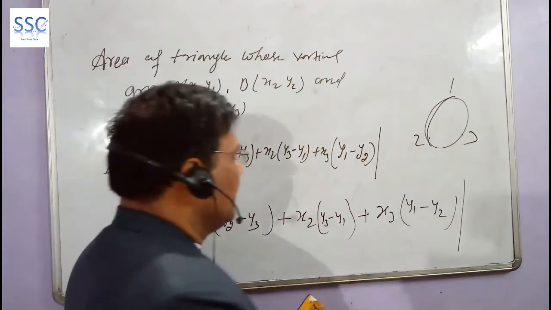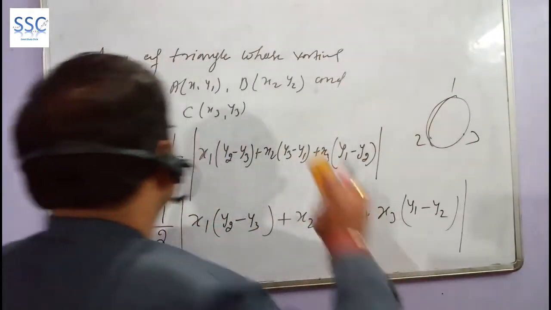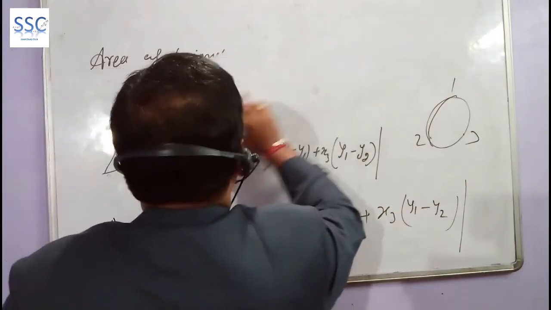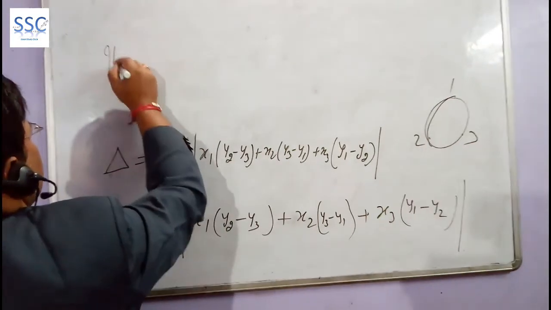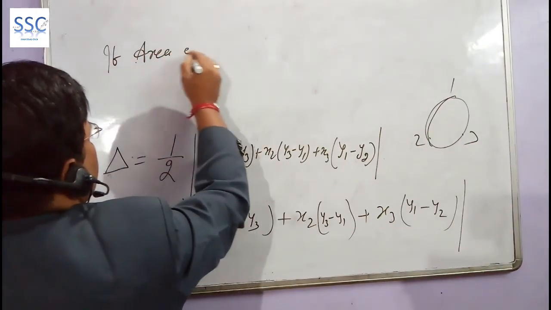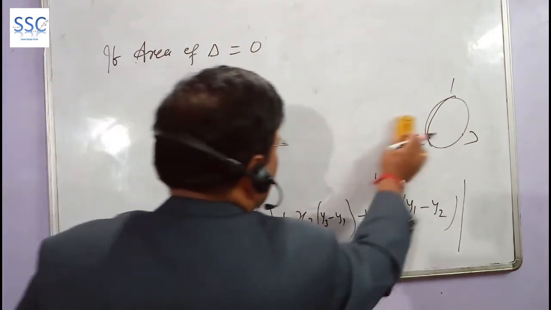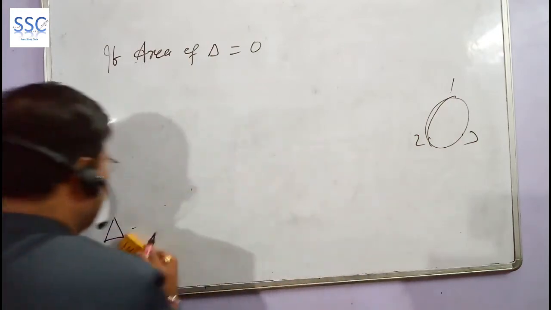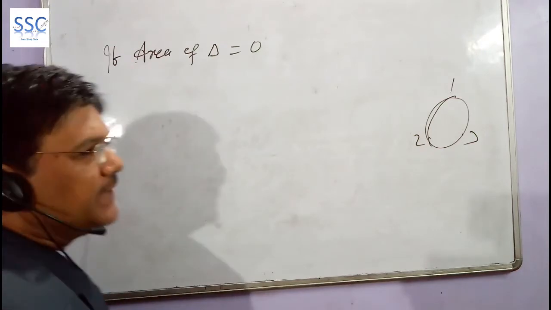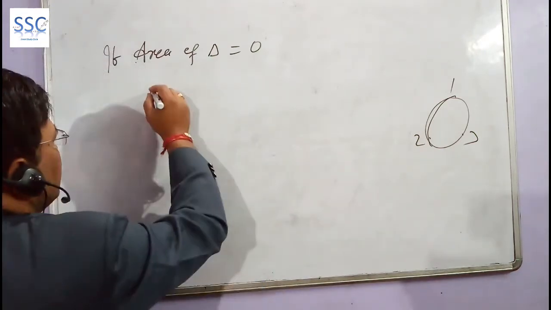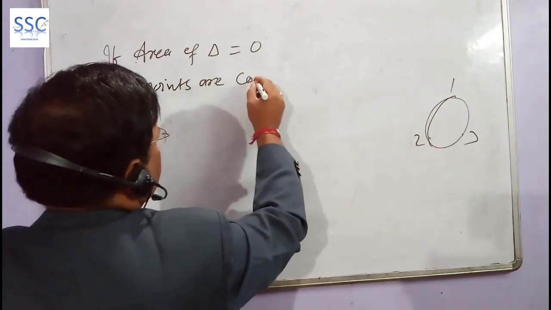Three points are given, and you have to show whether the points are collinear. Keep in mind that if the area of the triangle is equal to 0, whenever you substitute x1, x2, x3, whatever vertices are given, and evaluate the area of the triangle, and you find the area is 0, then you can say the points are collinear.